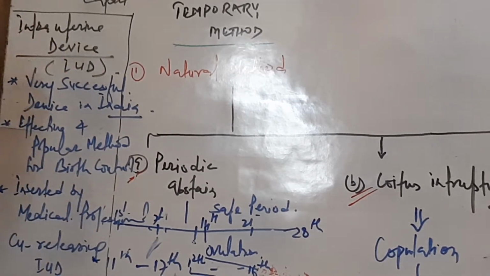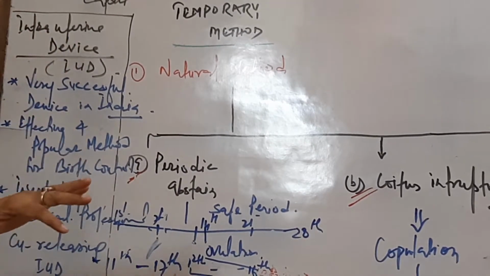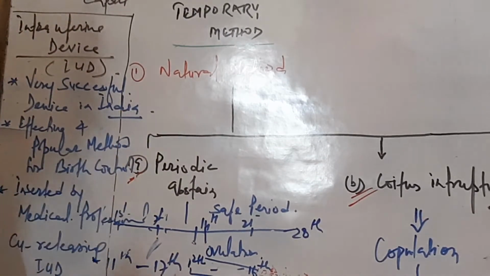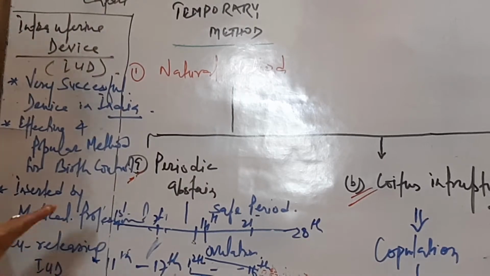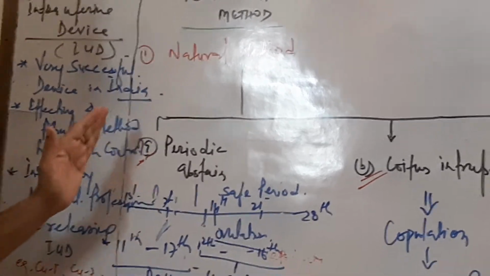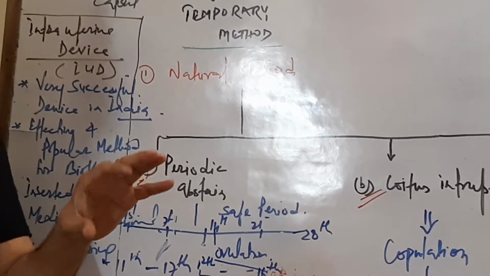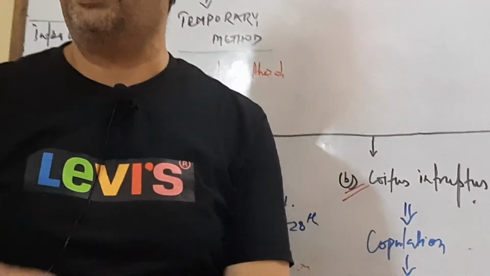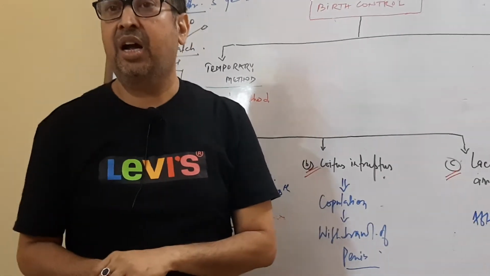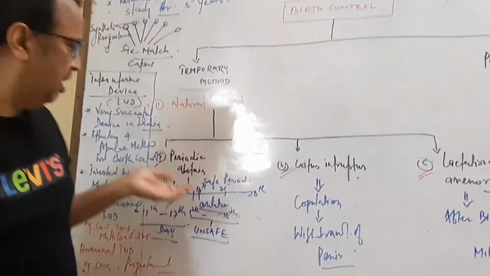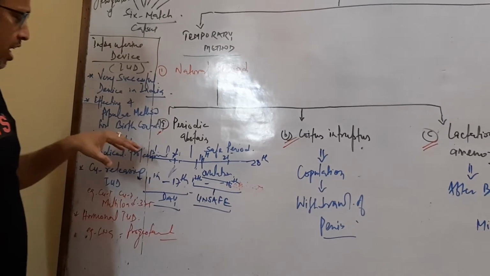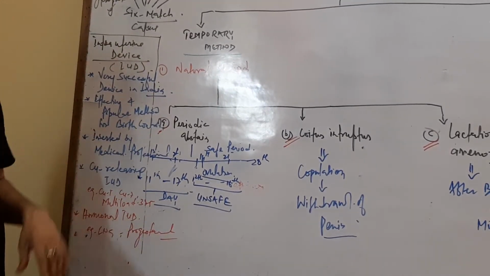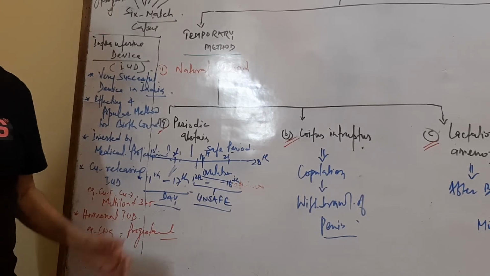It is a device inserted into the uterus by professional medical staff or a doctor. It releases copper ions, which affect the motility of the spermatozoa, and hormonal ones reduce the implantation process.